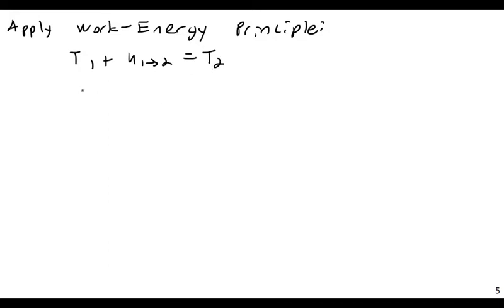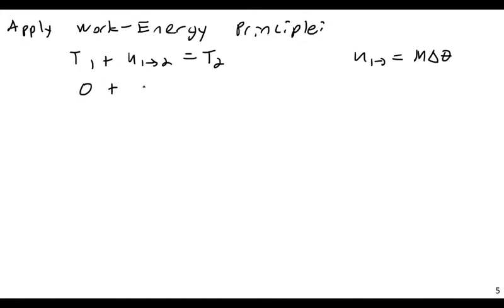This is going to be 0 plus the work from 1 to 2. I know that 6 Newton meters are being applied to this thing, and I know that U from 1 to 2 is equal to M delta theta, as we remember from the previous class.